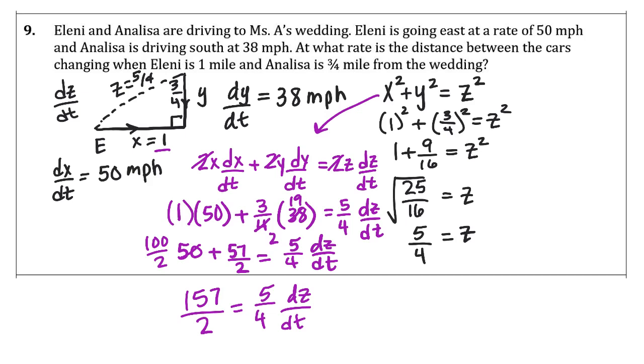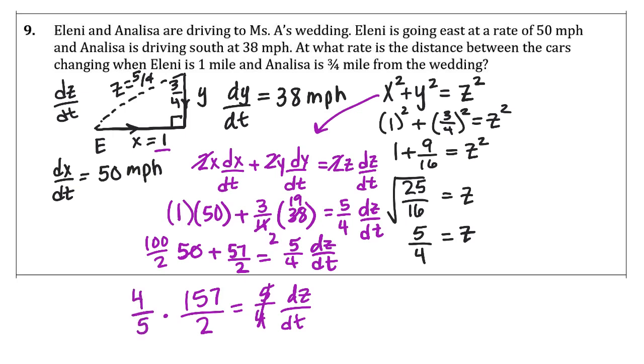Then we need to multiply by the reciprocal, so we flip that over. We have 157 over 2 times 4 over 5.